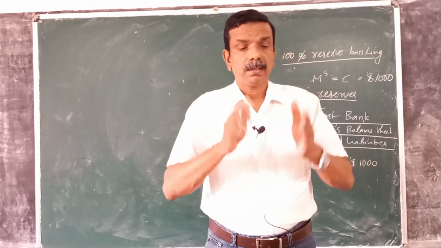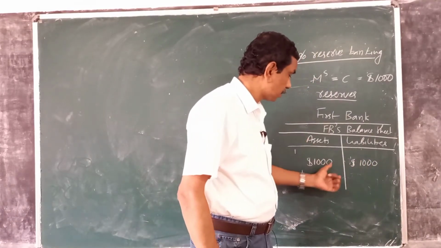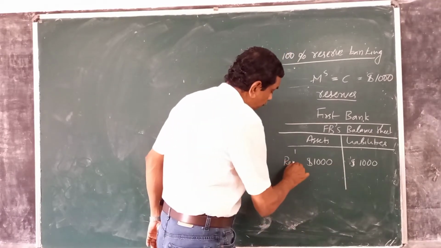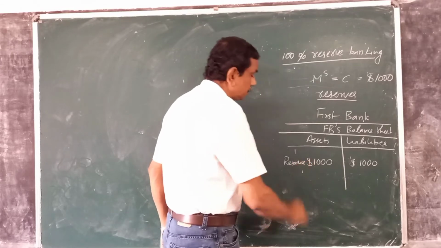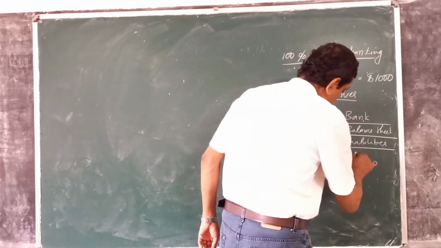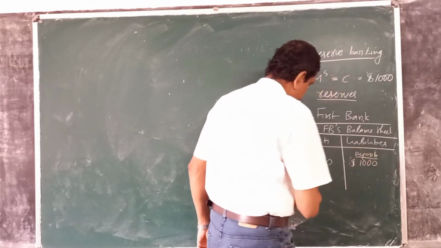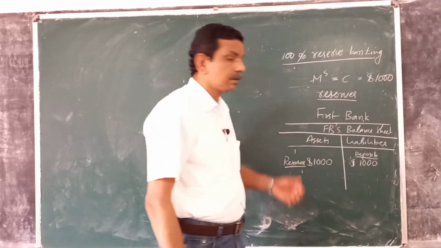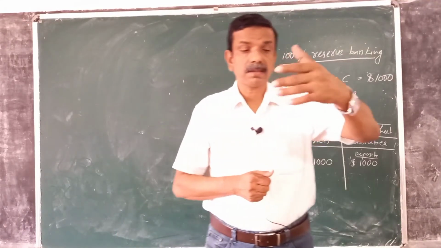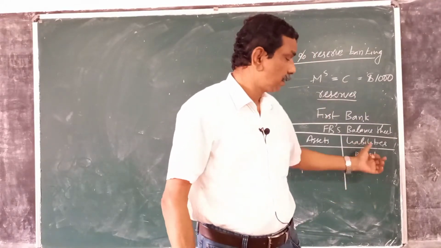And the bank keeps assets worth $1,000, and this $1,000 is kept in the form of reserves. Deposits 1,000, reserves 1,000. Now assets of the bank are equal to the reserves, equal to 1,000.